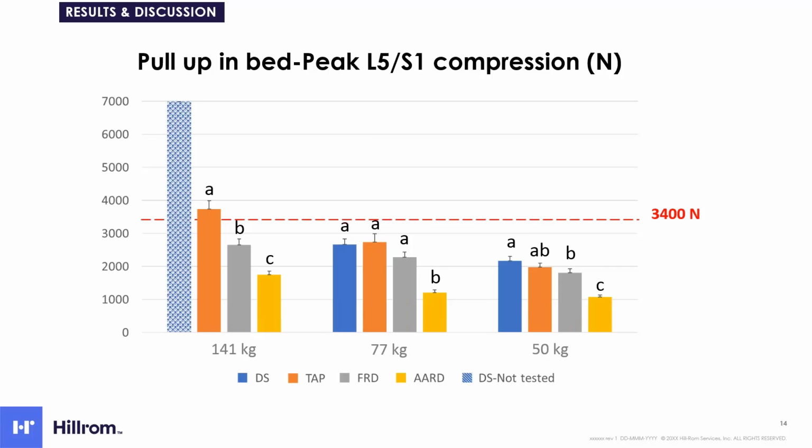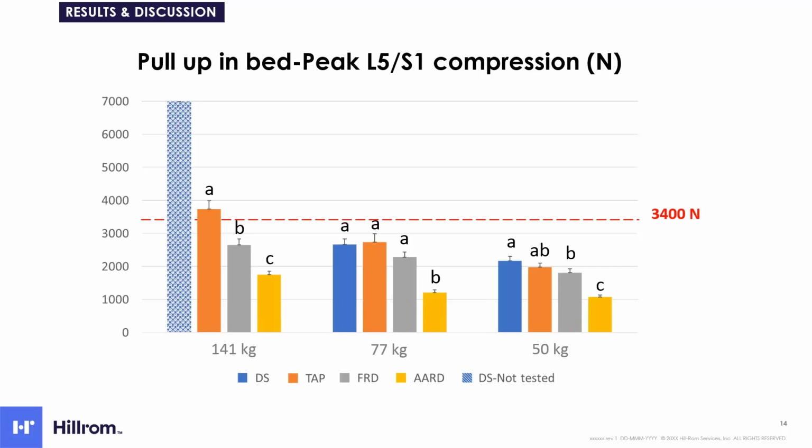If we look at each patient weight, the peak L5S1 compression was always highest for draw sheets and TAP, followed by friction reducing sheet, and lowest for AARD.